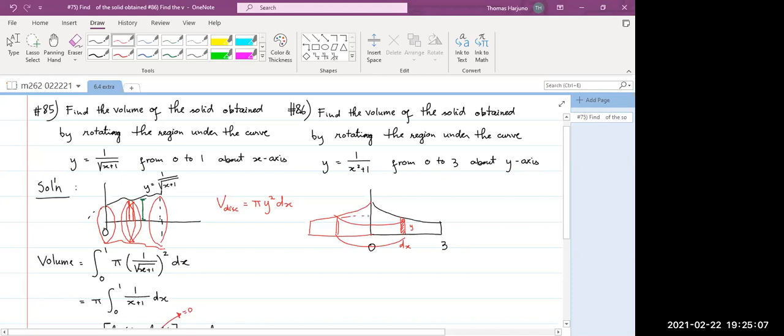Now, what's the volume of that shell? The volume of that shell will be the circumference 2 pi x times the height, which is y, times the thickness of that shell, dx.